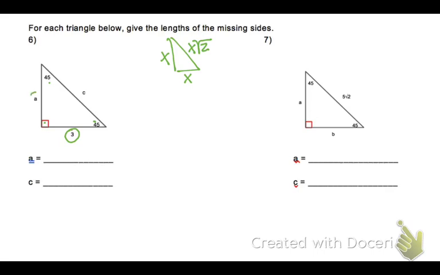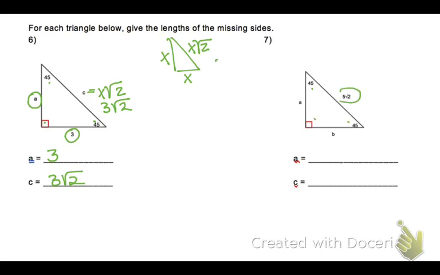So we know that the other leg, which is labeled A, also has to be equal to 3. And we know that C is equal to x times the square root of 2. And we know that x is 3, so it's 3 times the square root of 2. And there's your answer.